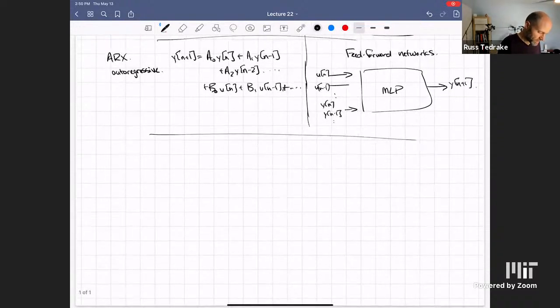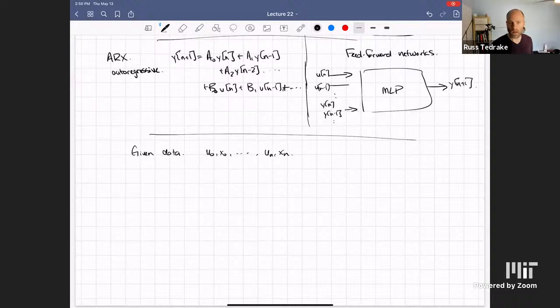So if I'm given data of the form u0, x0, up to un, xn, there's two different loss functions we talked about possibly using. One of them was the equation error, which was just at all of my data points, I'm going to predict the one step.